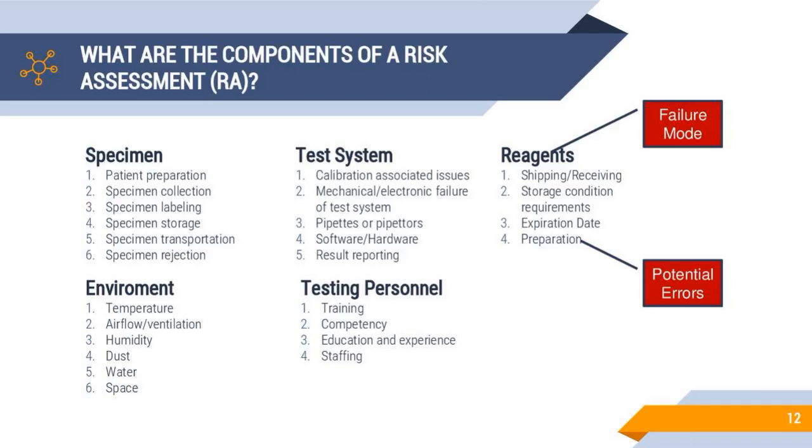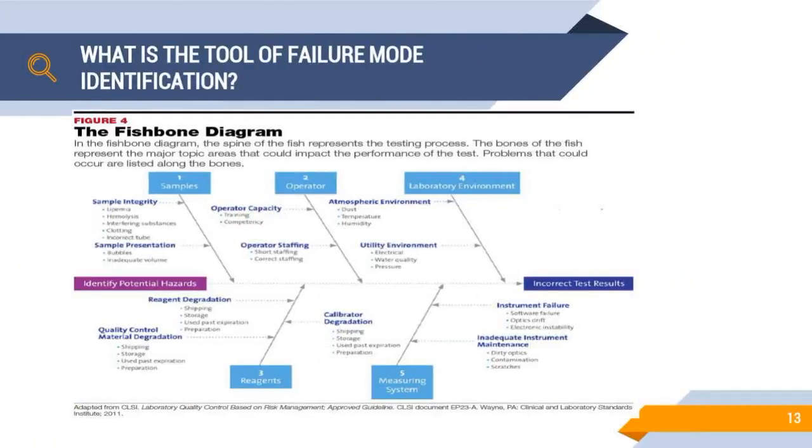So if I have any problem in those stages, if there is a mislabel or wrong storage, or I have drawn from a wrong patient, this is an error which could cause a very severe or serious problem for patient management or patient safety.